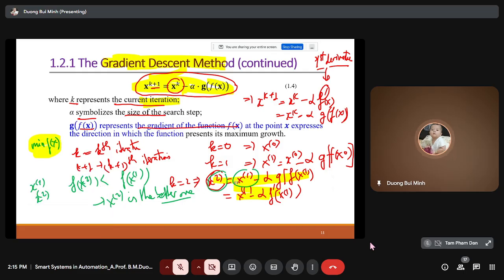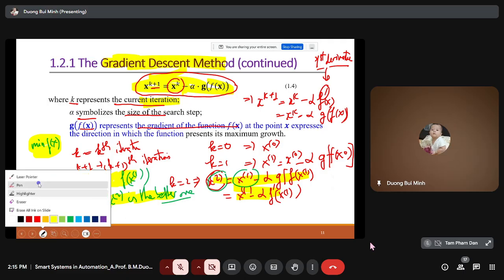After we update x1 to become x2, we calculate f(x2) and f(x1). We recognize that f(x2) is less than f(x1), so x2 is better. Otherwise x1 is the better one. Then we continue to update.